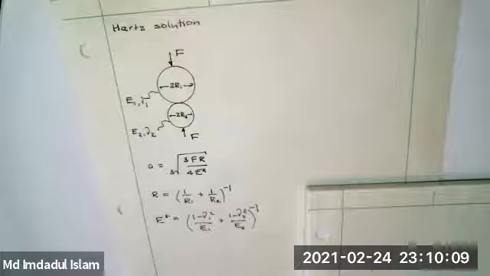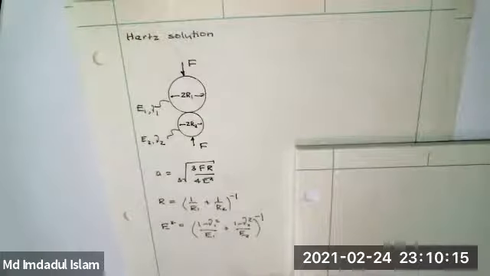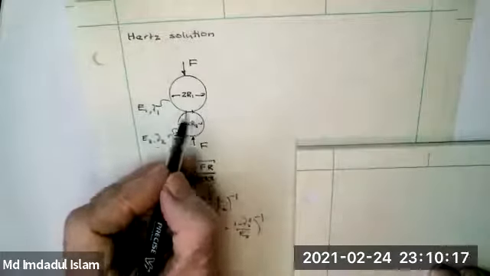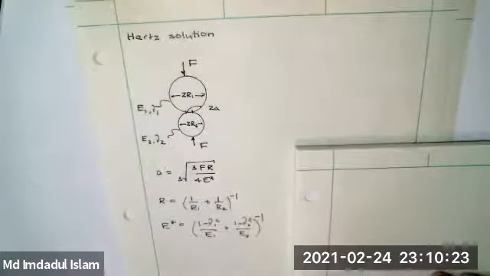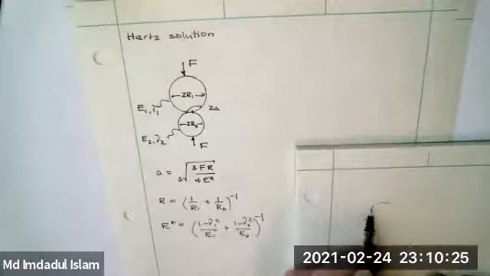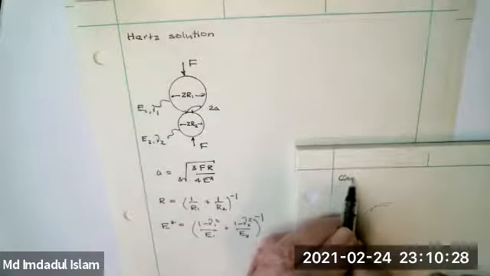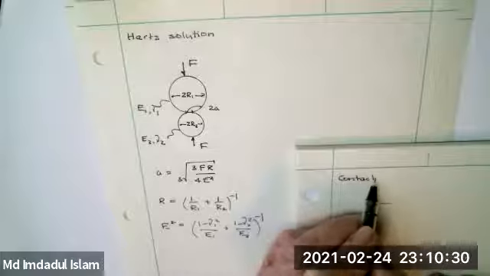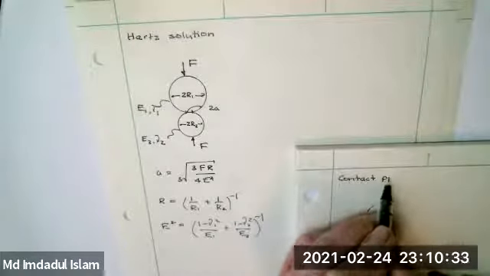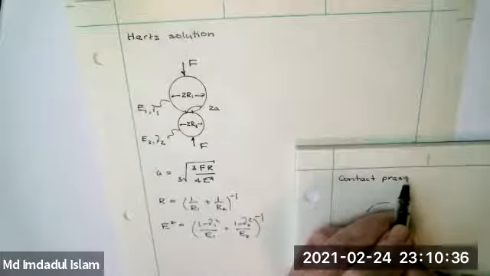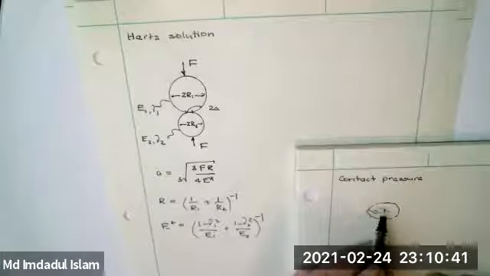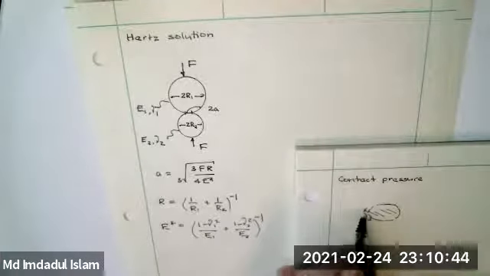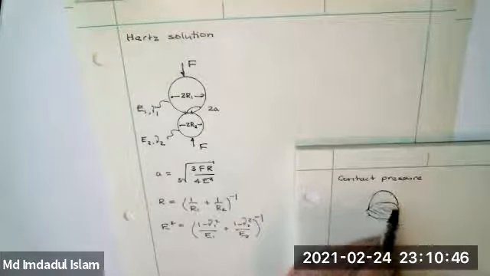And we can go and get contact pressure. This is the little circle 2A. Okay. What this contact pressure looks like is very similar to the one we had before.